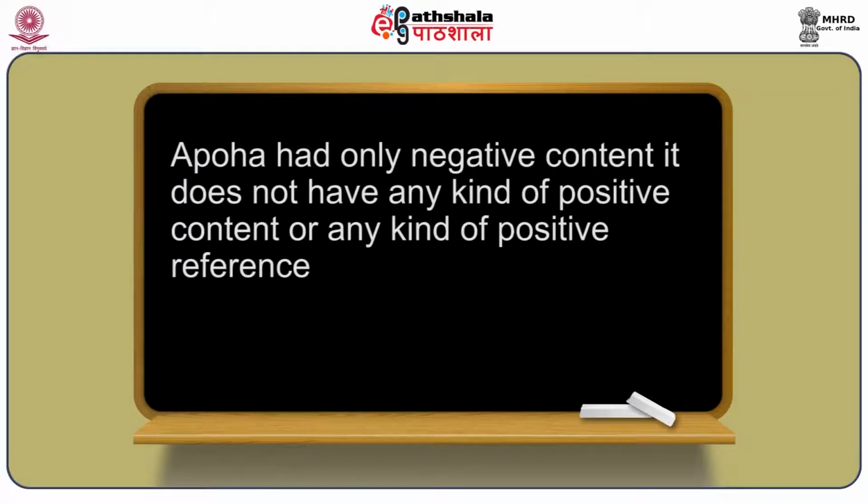The natural meaning of apoha is pure negation. As far as its reference, which is comprehensive, is concerned, apoha has only negative content. It does not have any kind of positive content or positive reference, or we can say any kind of positive meaning.